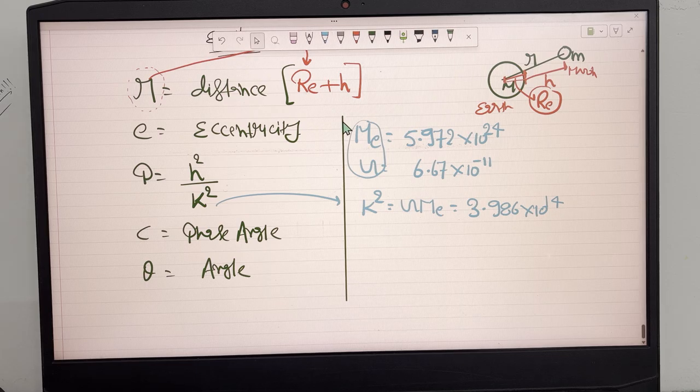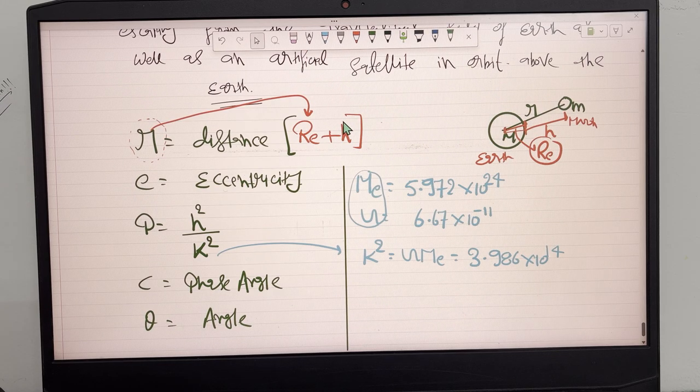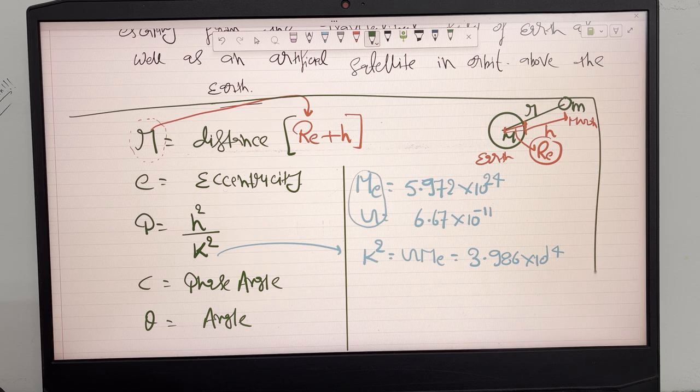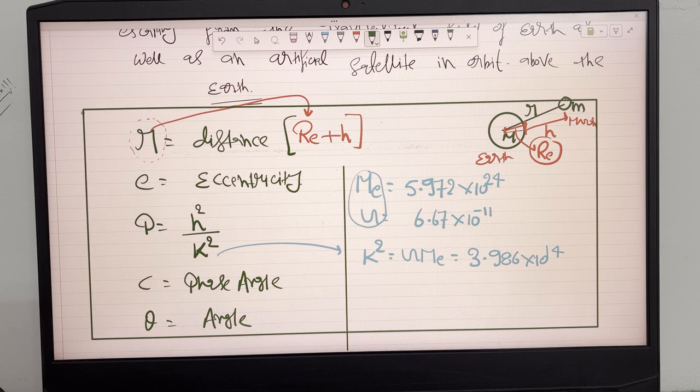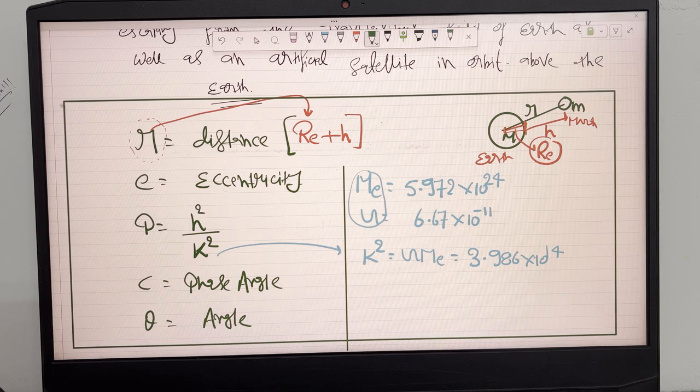These things I have told already. Everything is written in this. You have to remember this table always. It's very important, guys. When I'm saying important, it is very important.